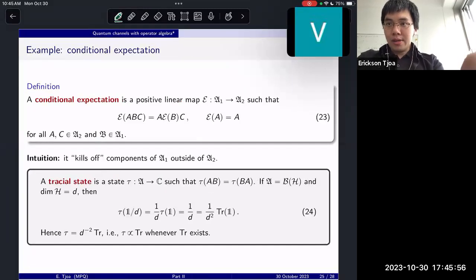And one of the most well-known or archetypical quantum channels in the operator algebraic language is called the conditional expectation.